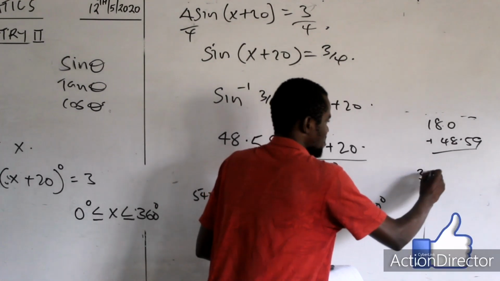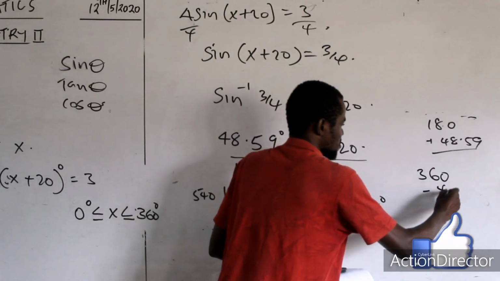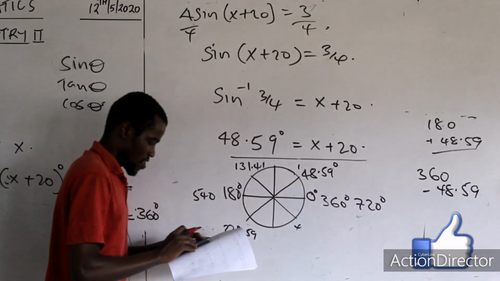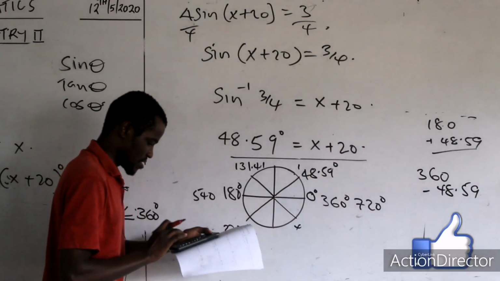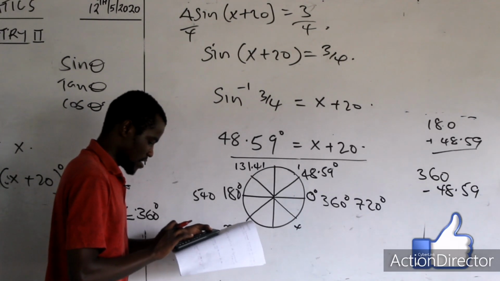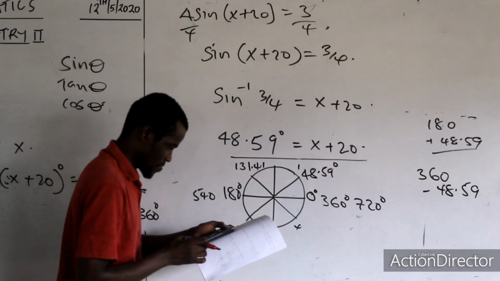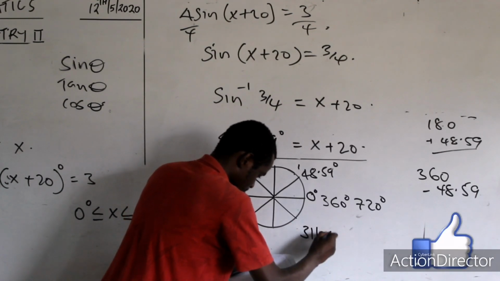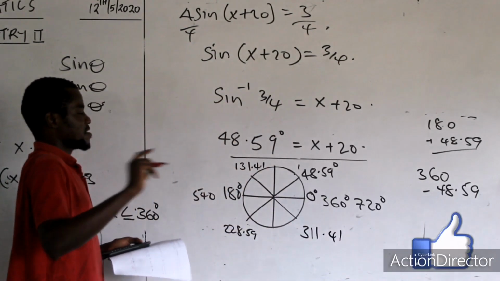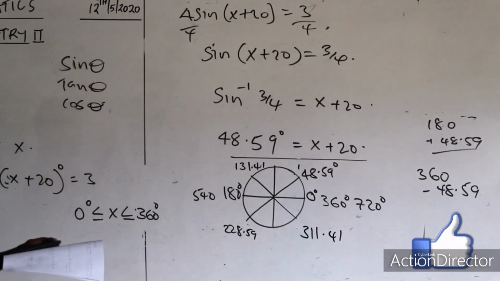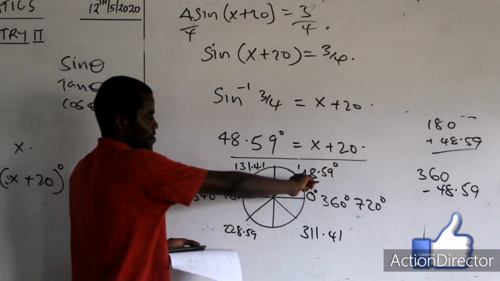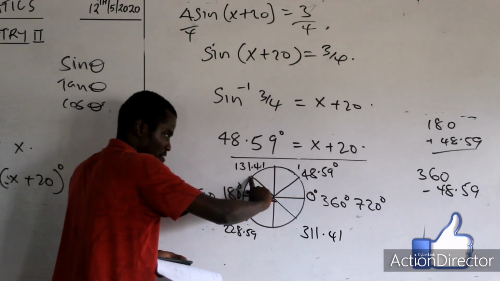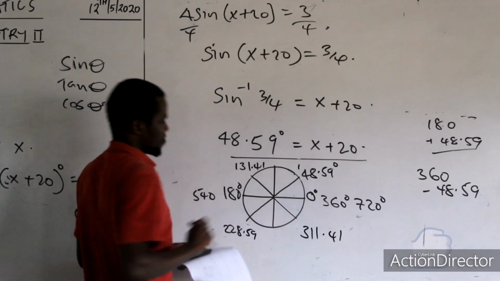So I will say 360 minus 48.59. That angle is found in the fourth quadrant. What do you get? You get 311.41. That is one complete rotation. I will have the angle formed there, there, there, and there.